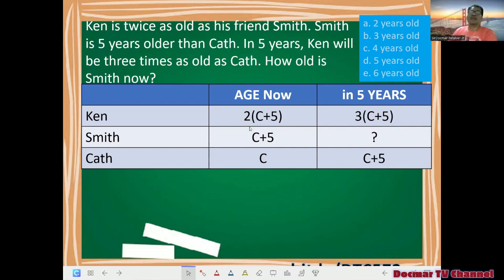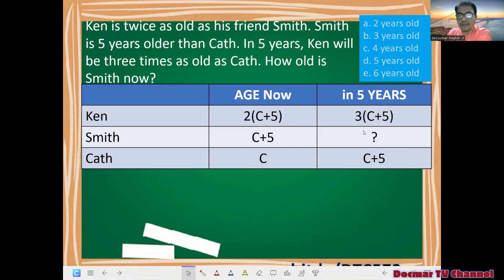And another problem, additional given to the situation is in 5 years. So in 5 years, Ken will be 3 times as old as Kat. How old is Smith now? Now here you can see that in 5 years, so we have to multiply.